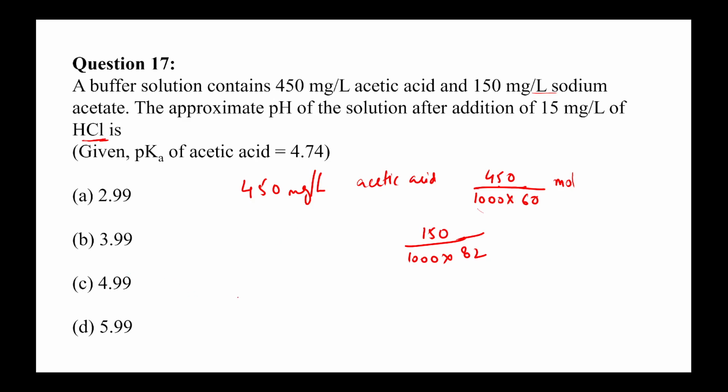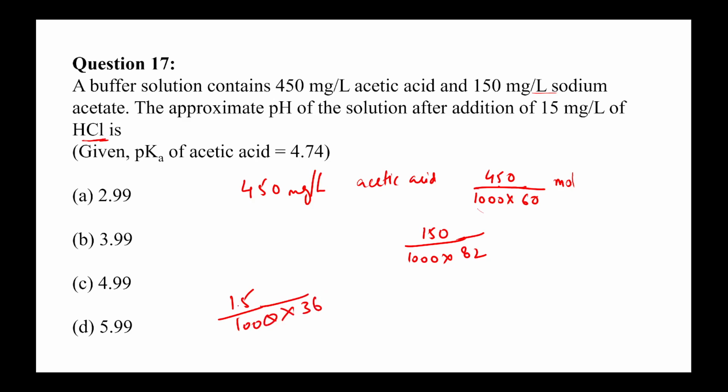So the acid concentration to be used in the Henderson equation will increase from 450 divided by 1000 into 60 by the HCl molarity. HCl would be 15 by 1000 into 36, I think.